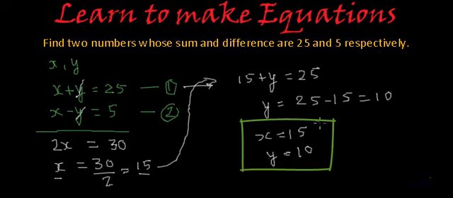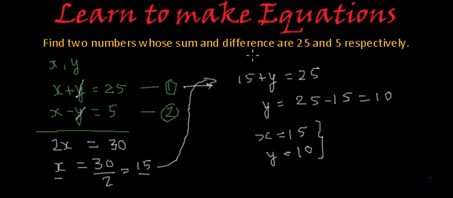So 15 and 10 will be two numbers which when added will give you 25. 15 plus 10 is 25 and when you subtract them, that means 15 minus 10, you will get 5, right? So this was one method where we have used two variables x and y, formed two equations, and then we solved those two equations to find the result, right?